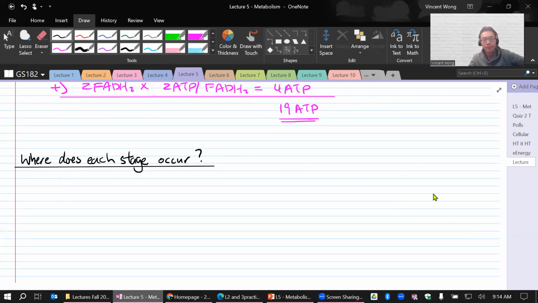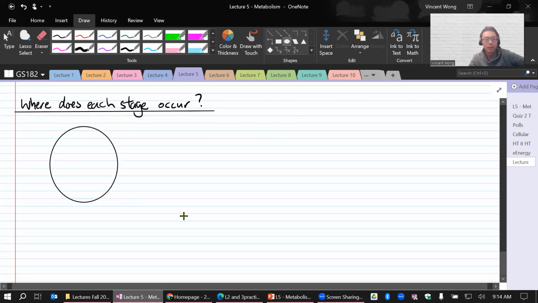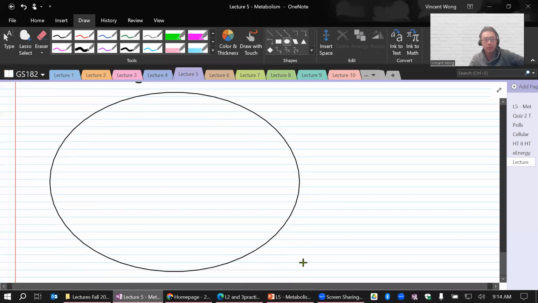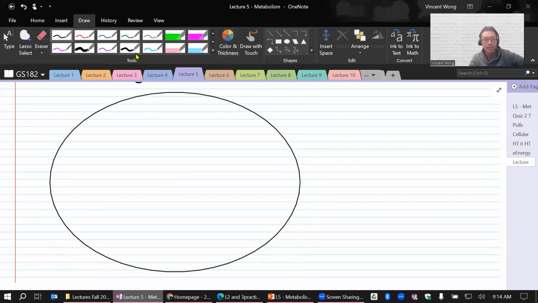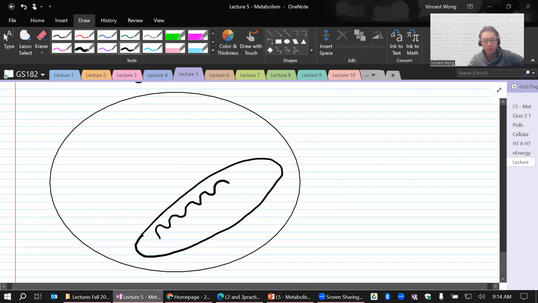All right, so here is a cell. This is not to scale, okay? What is this thing that I'm drawing? I hope you know. It's going to be on your quiz today. Mitochondria. Yep. Thank you. That is a mitochondria.